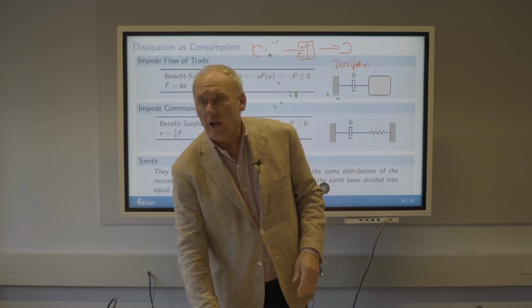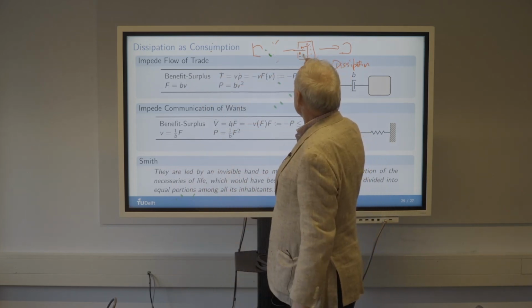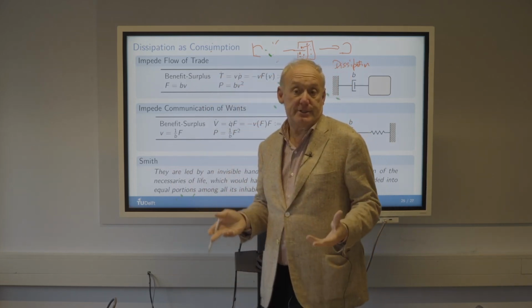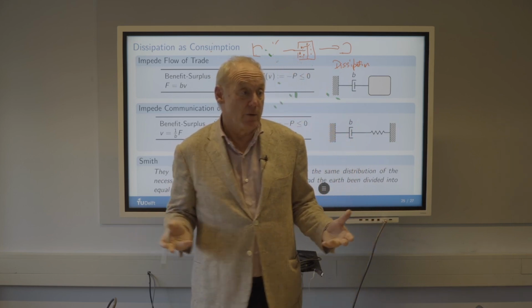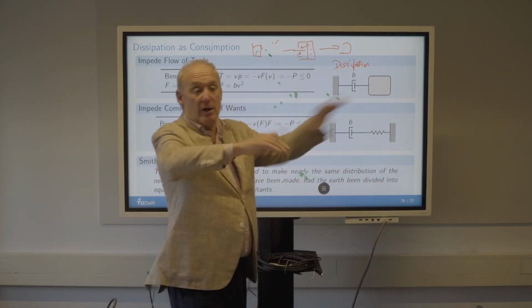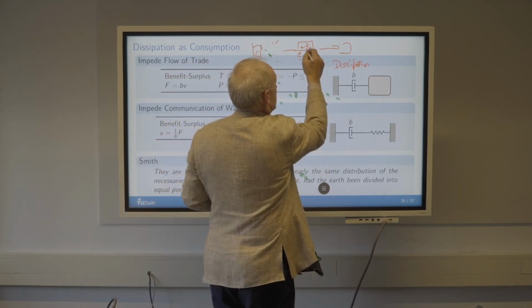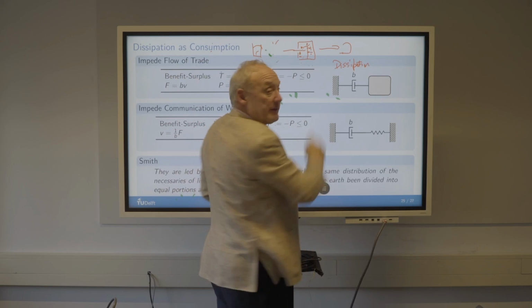Now, let's translate this to the economic situation. What are all these billiard balls? Well, they must be agents, okay? So some big guy is coming in here and he's pushing all these people, and this one gets a little knock and it goes this way, this one gets a knock and they go that way.